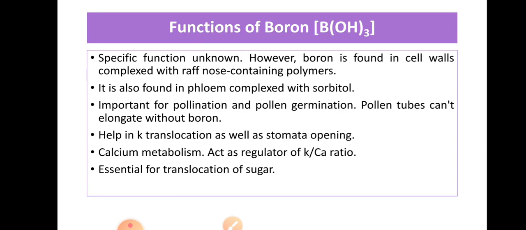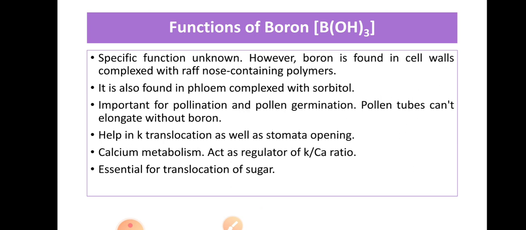Next is boron. The function of boron, specific function is unknown. However, boron is found in cell wall complexed with raffinose containing polymer. It is also found in phloem complexed with sorbitol. Boron is important for pollination and pollen germination.